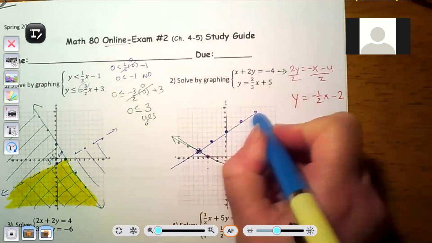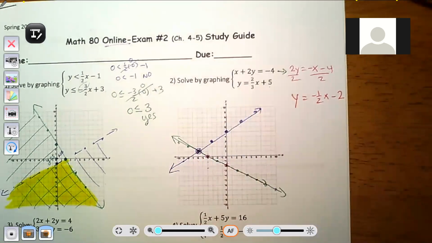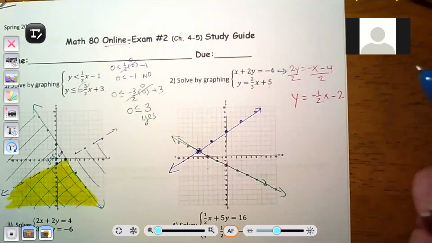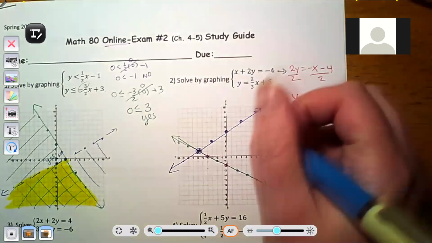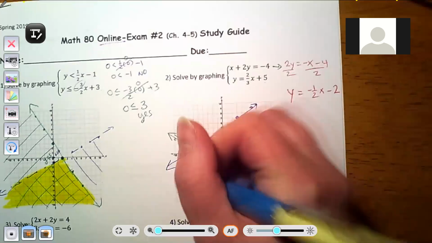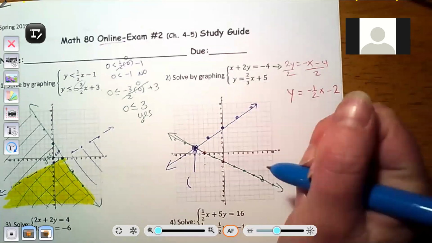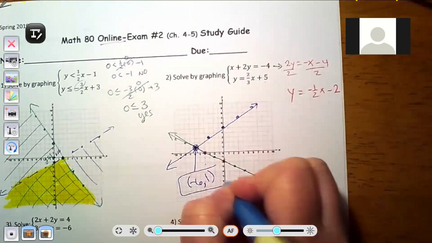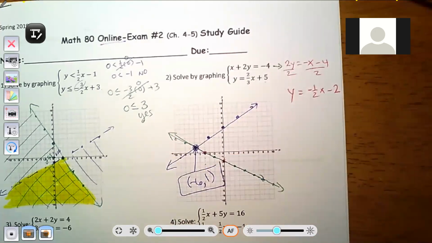And for systems of equations, it's the point that would work for both, the x, y values that work for both equations. And so this point right here, which is at -6, 1, is the solution. It is the point that would work for both. It is the solution of both lines.